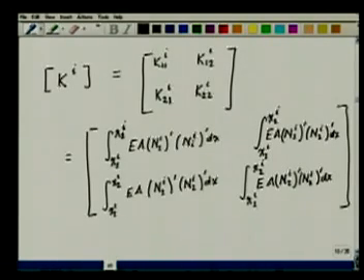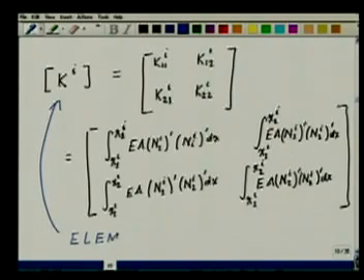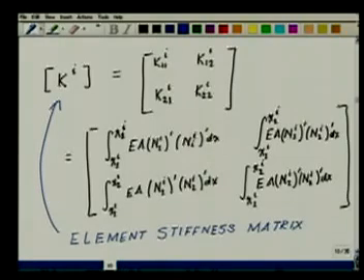This matrix, if you remember, I had given it a name, is called the element stiffness matrix. And in this case, the element stiffness matrix is a 2 by 2 matrix because only 2 of the phi_i's are non-zero in the element.